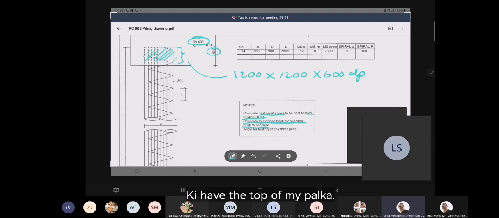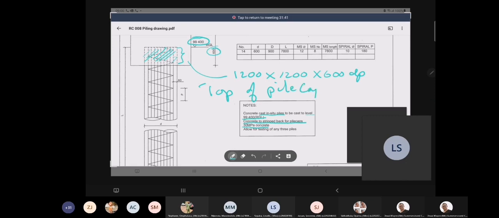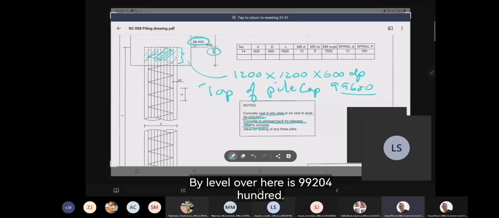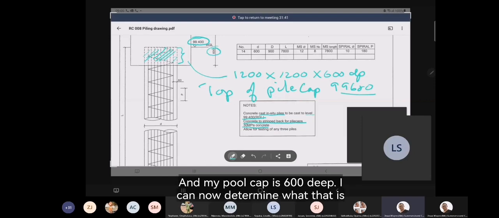The top of my pile cap level is 99,600, and my level over here is 99,400, and the pile cap is 600 deep.